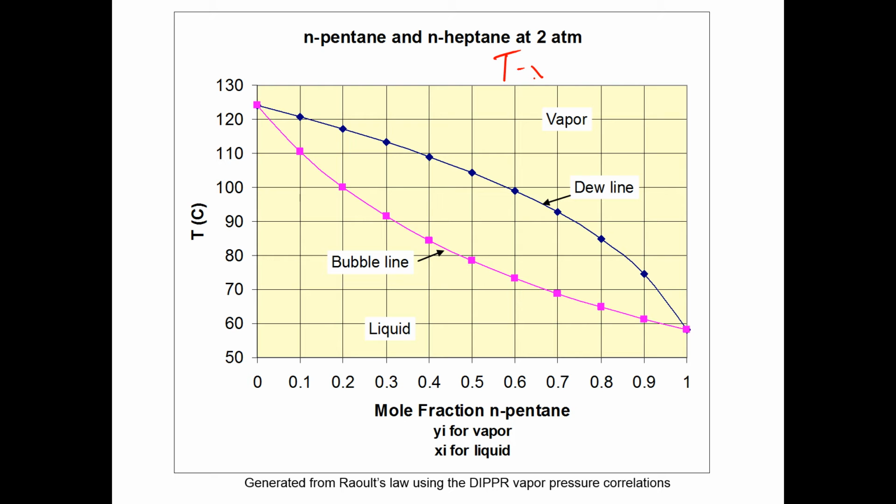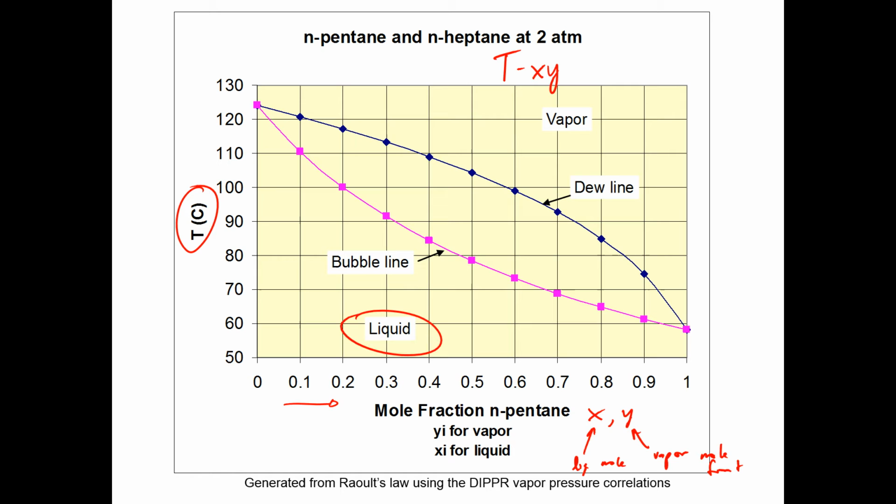Okay, so this is a Txy diagram, meaning that you have temperature versus mole fraction. So this is X or Y, and X would be the liquid mole fraction, and Y is going to be the vapor mole fraction. If we look at this, we see a couple different things.